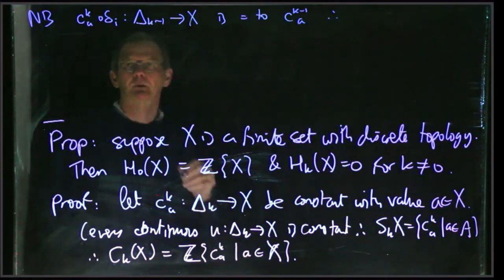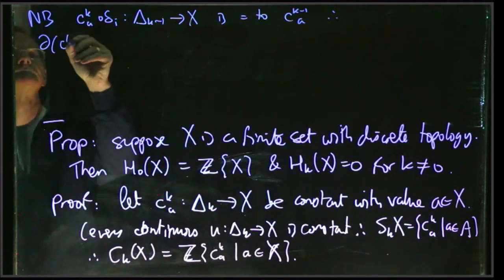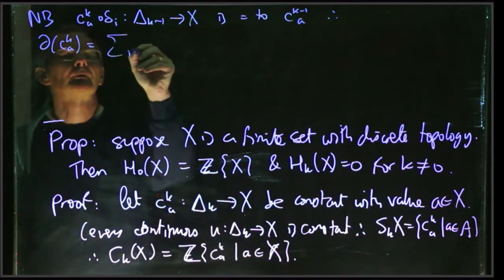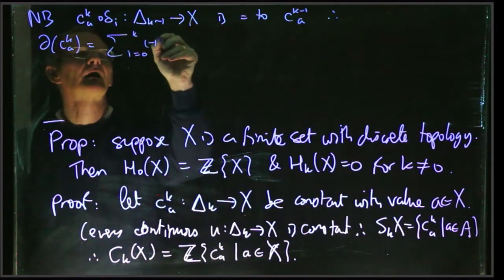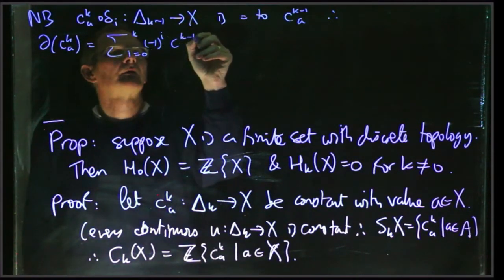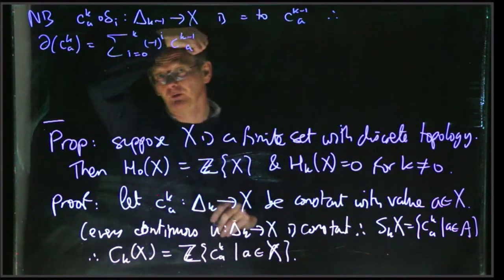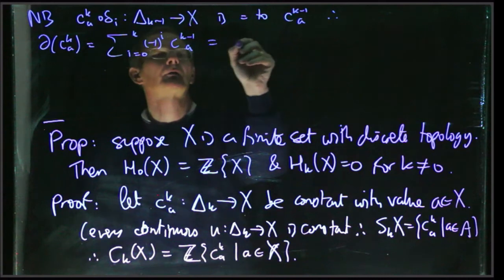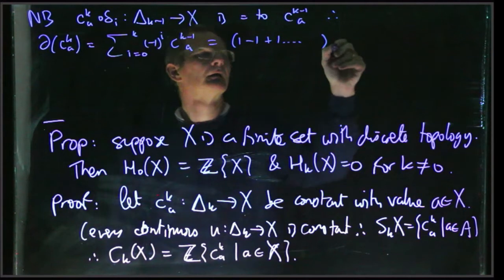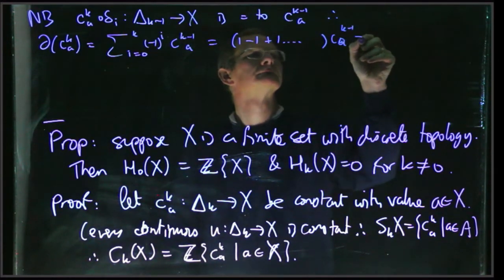Okay, so if we take the boundary of c_k^a, so that's the sum from i = 0 to k of (-1)^i times these composites, which is c_{k-1}^a. So it's all the same map, you just got all these plus or minus signs. So this is 1 minus 1 plus 1 and so on, times c_{k-1}^a.